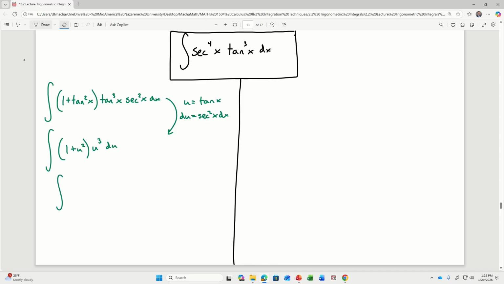And then that's u to the fifth plus u to the third. And then we take the antiderivative and we replace u with tangent, and I find 1/6 tangent to the sixth x plus 1/4 tangent to the fourth x plus c.